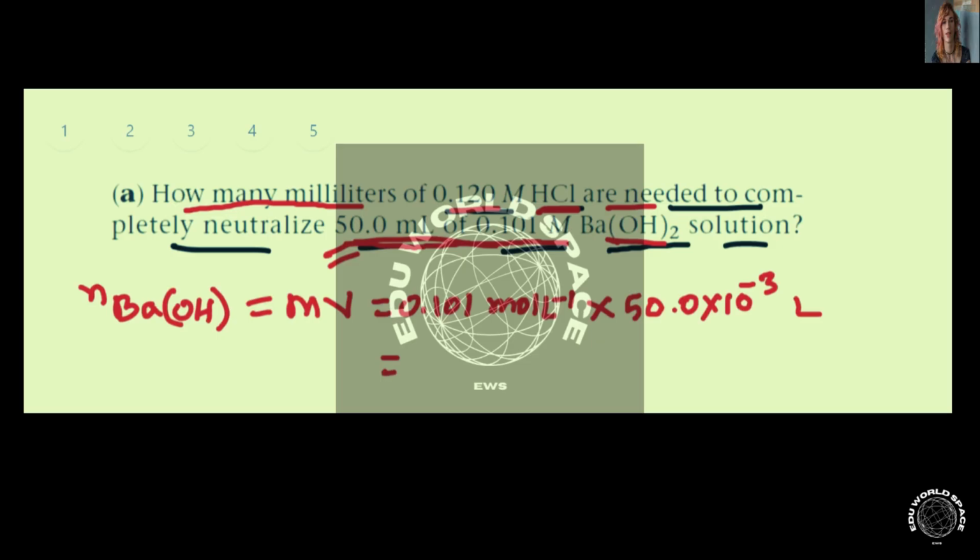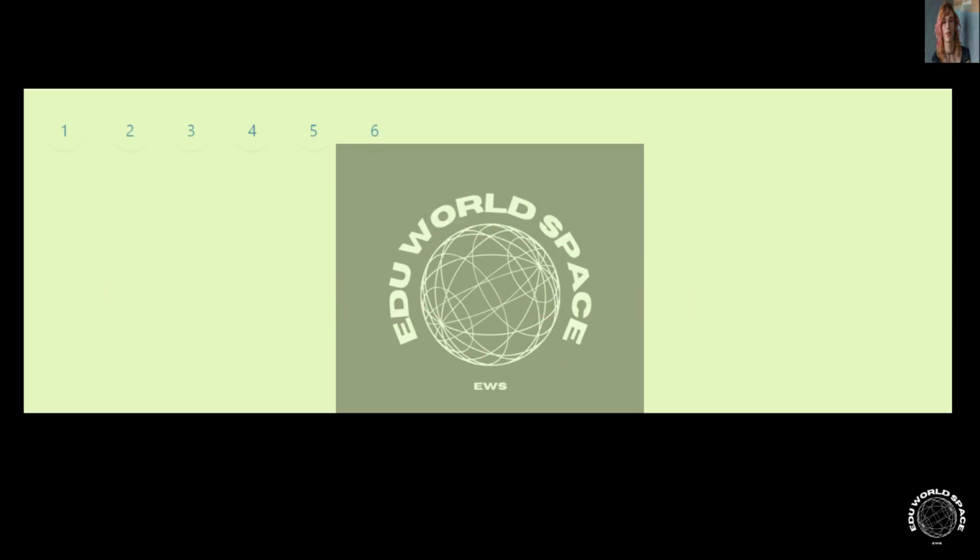And from here, we will get a value of 0.005 mole. So this is the number of mole for the barium hydroxide.